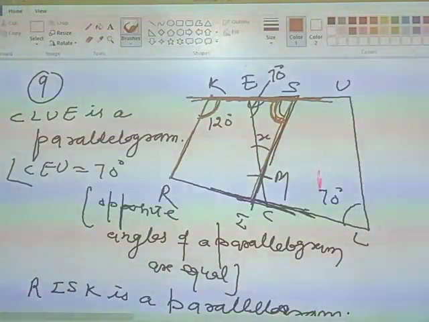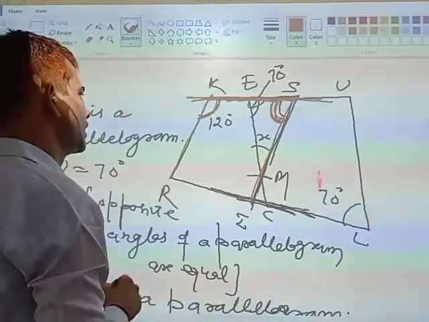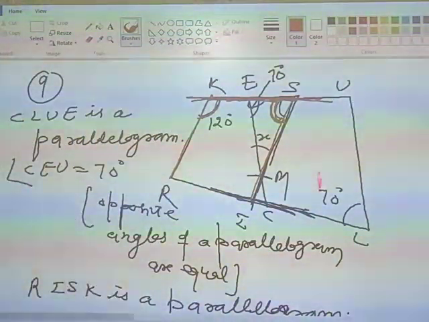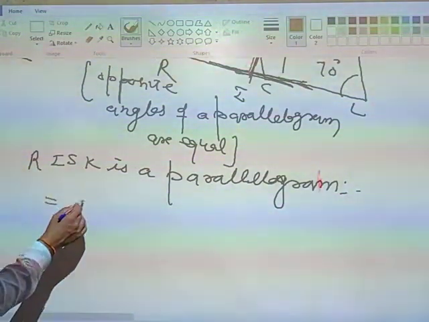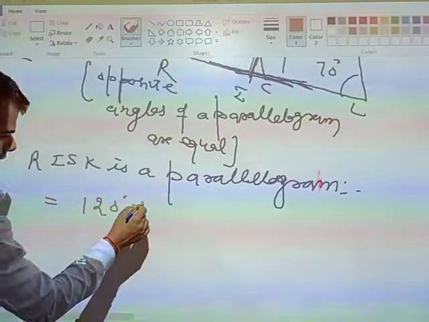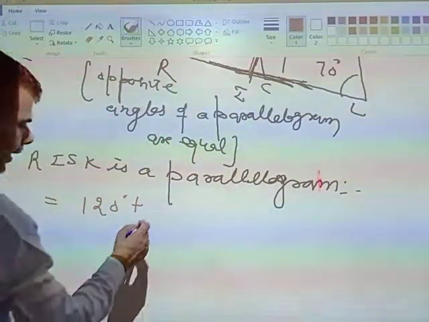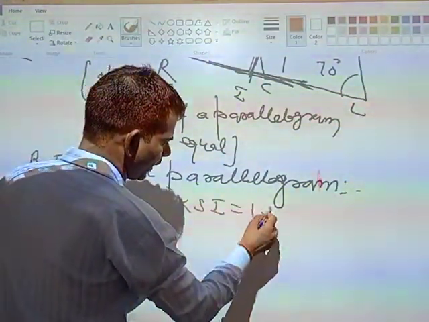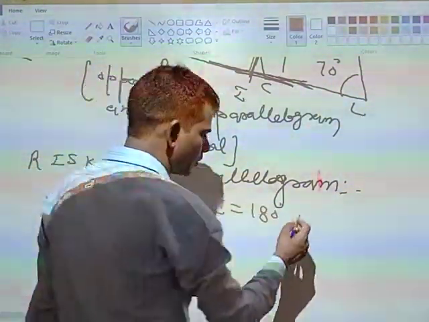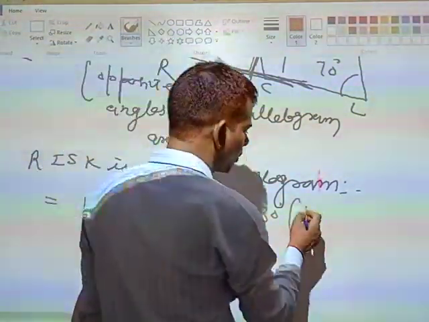Yes, very good. Now, angle KSI. 120 plus angle KSI is equal to 180 degrees, because it is the sum of co-interior angles.